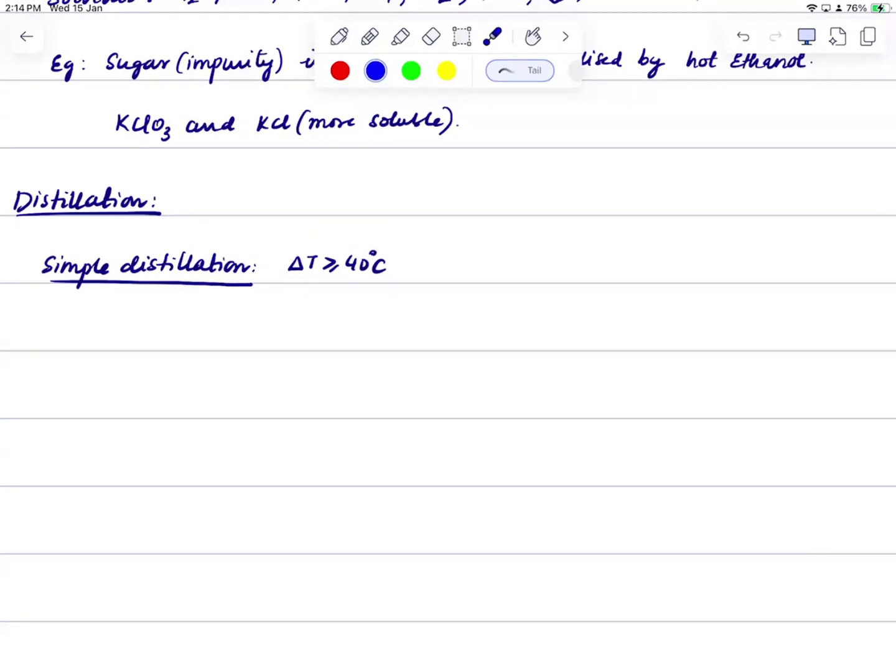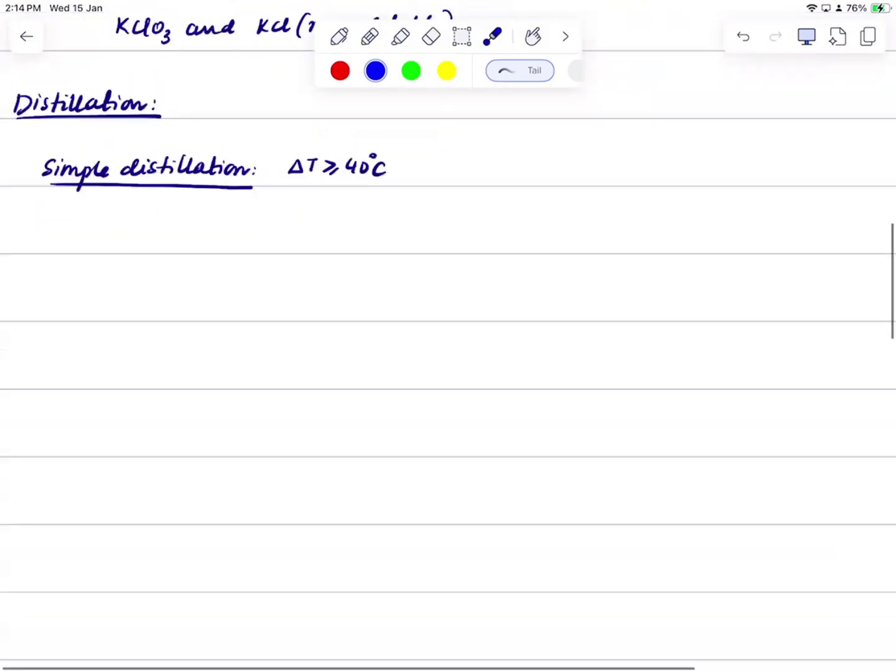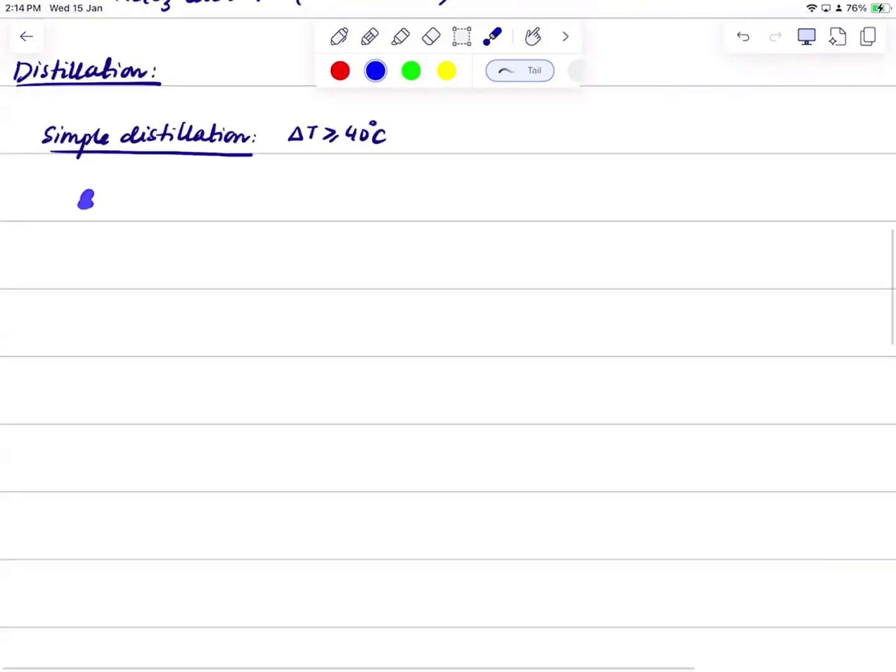But if the option is given as fractional distillation and the temperature difference is less than 20 or less than 30, then you go for fractional distillation. Here, mainly focus on examples.